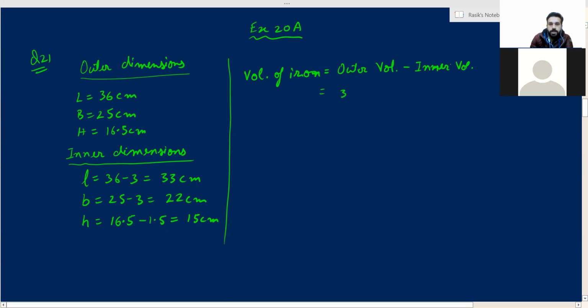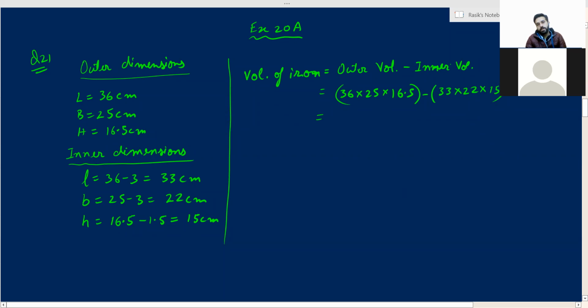Outer volume is 36 into 25 into 16.5, minus inner volume, 33 into 22 into 15. Find it, all of you. Find the product and calculate it.